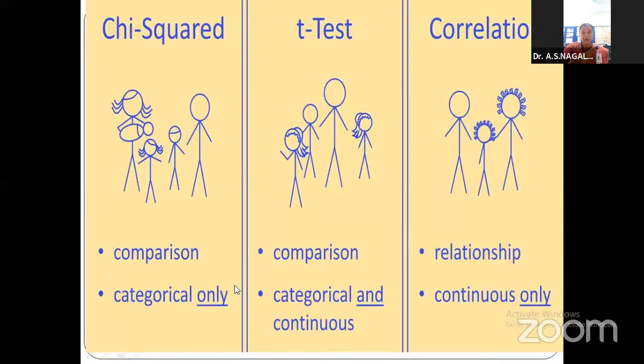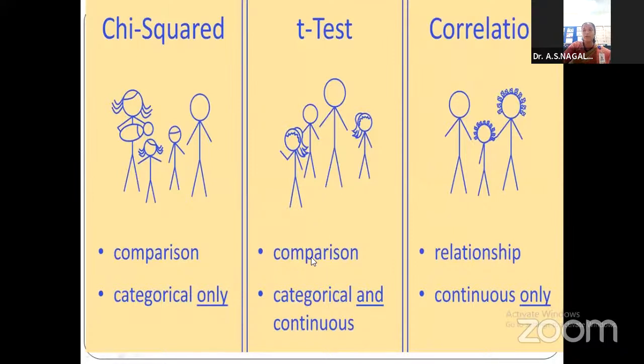When there is a categorical variable and you want to see the comparison between groups, you go for chi-square. For example, you can see whether males or females spend more on online shopping. This is how they will be checking with chi-square.